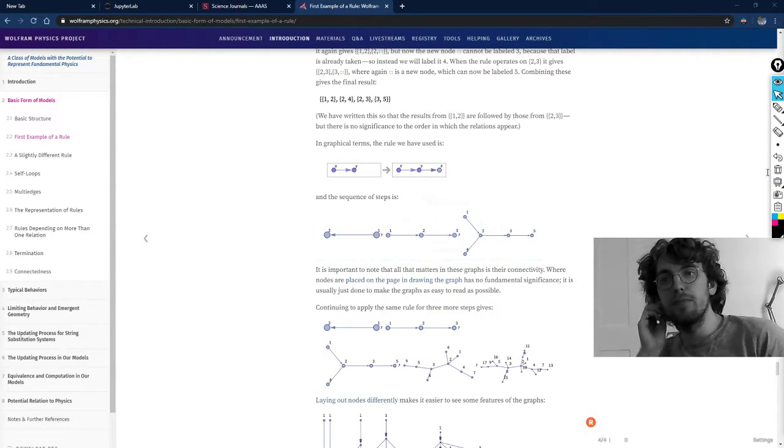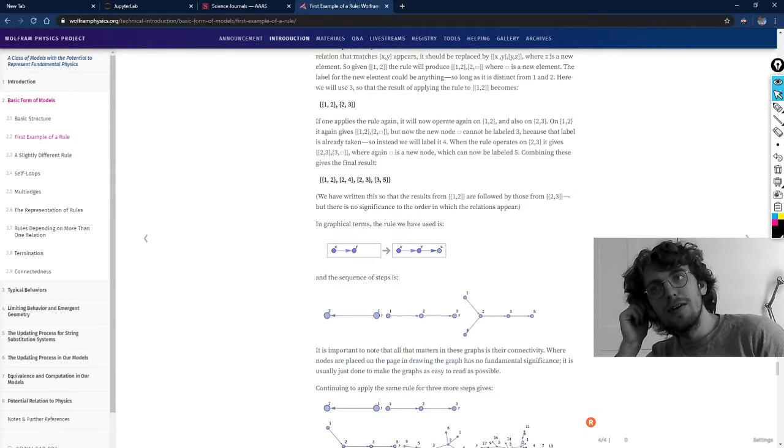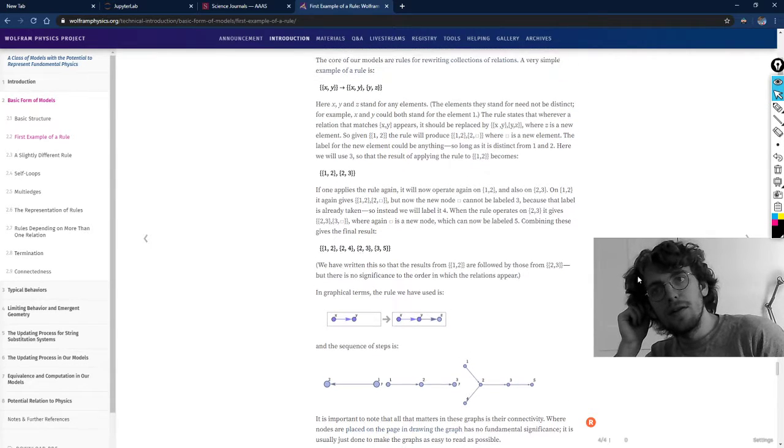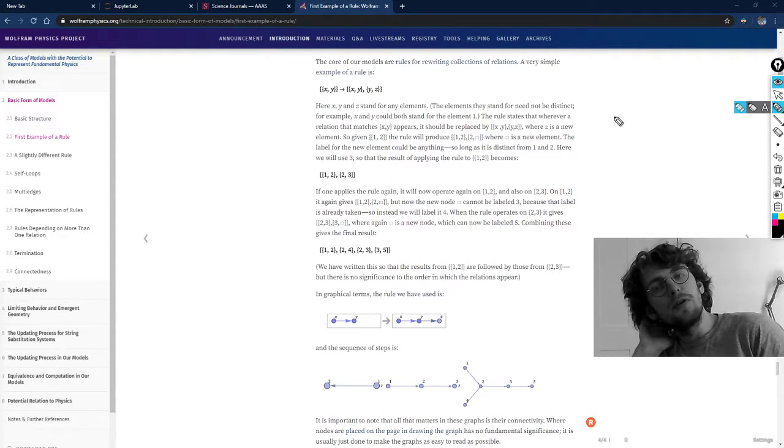My understanding of this, and I should be really careful that I'm absolutely getting it, is that it applies to any element which satisfies this description, and this description is just some element goes to another element.